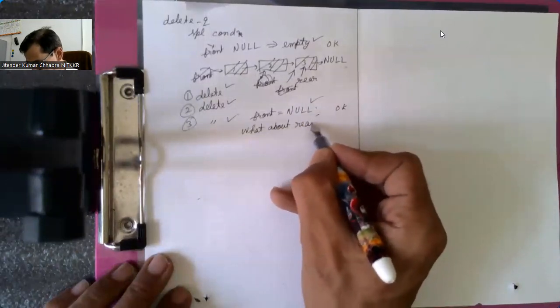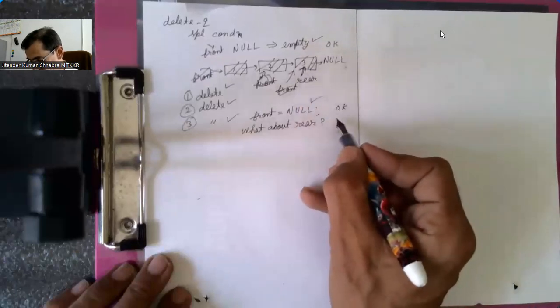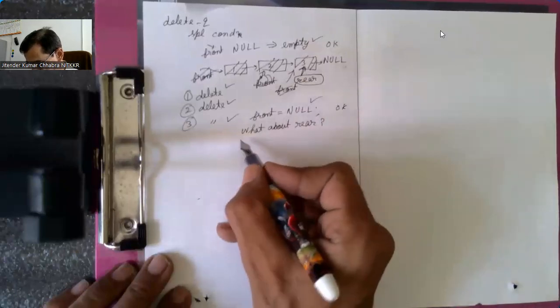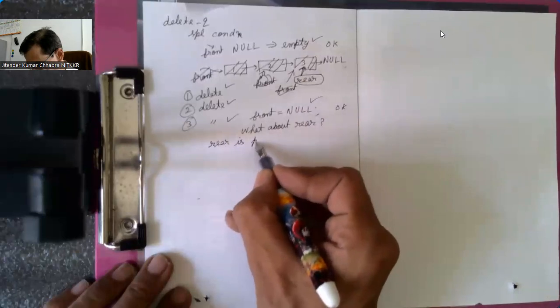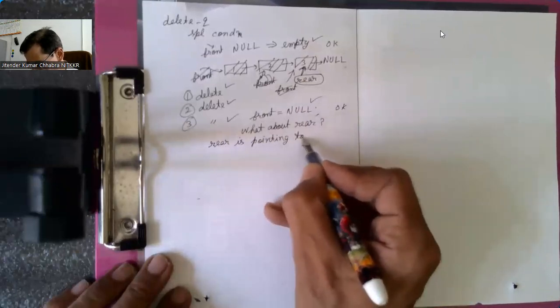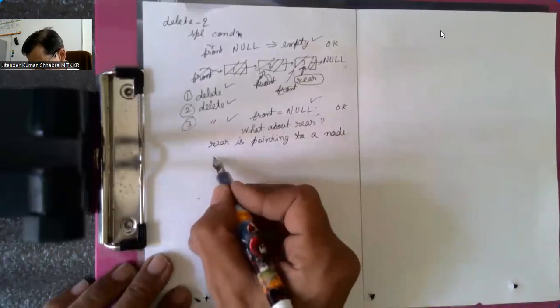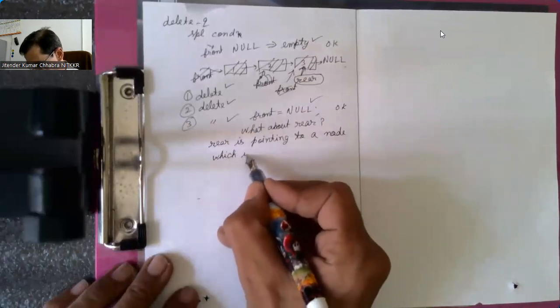Rear is pointing to a node which has been freed. We should not do that. If rear is pointing to a node which is freed, that is a dangerous situation. And such a pointer is actually called a special name.